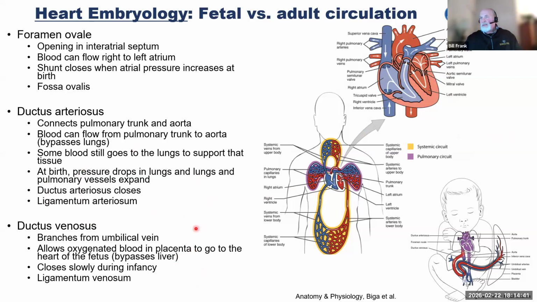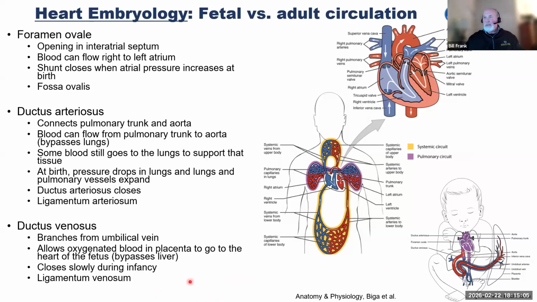And the last one is the ductus venosus, and this is branches from the umbilical vein that allow for oxygenated blood in the placenta to go to the heart, bypassing the liver. So there's another bypass in the liver. Instead of going up through the liver, it just goes into the liver and into the inferior vena cava.